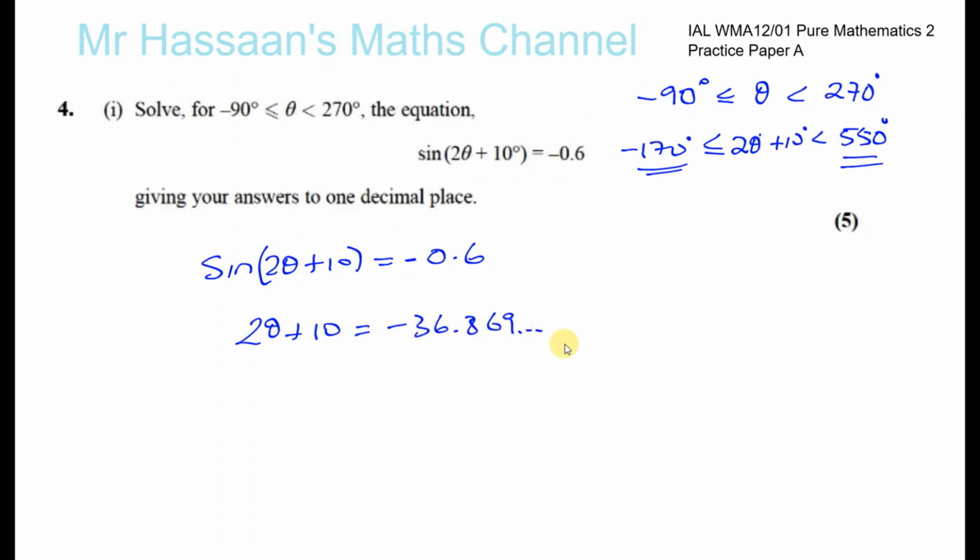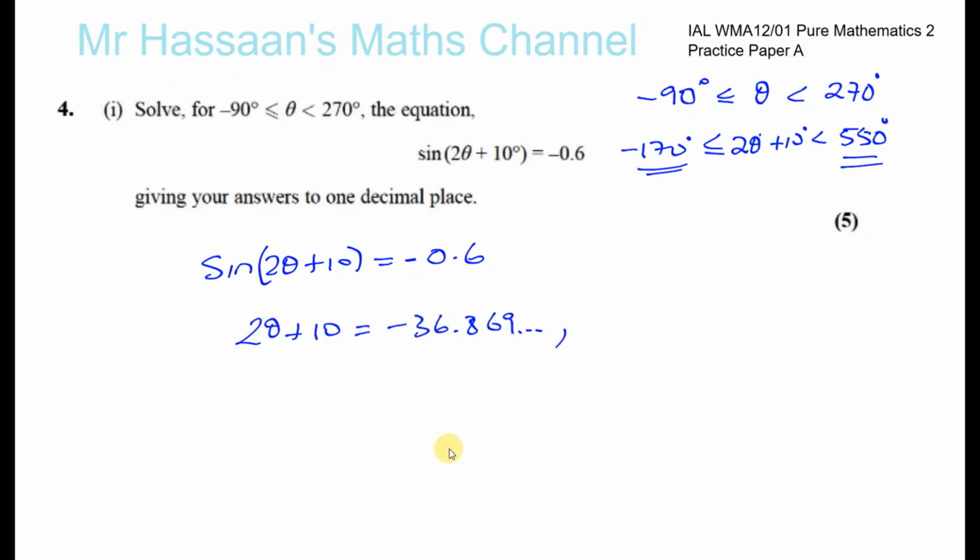Now the calculator will always give us one solution, which is called the principal solution. For the sine curve, the other solution is always 180 minus this. Normally for sine and cosine, there are two main angles. The first angle is what the calculator gives, and the second angle for sine is always 180 minus that angle.